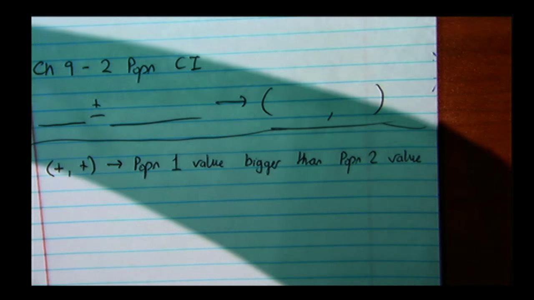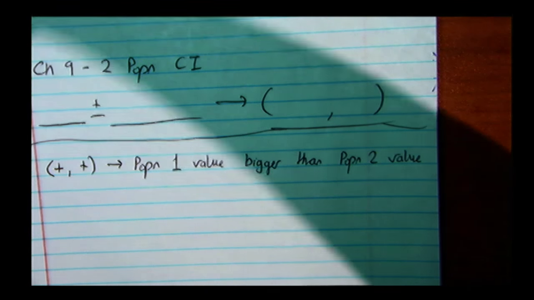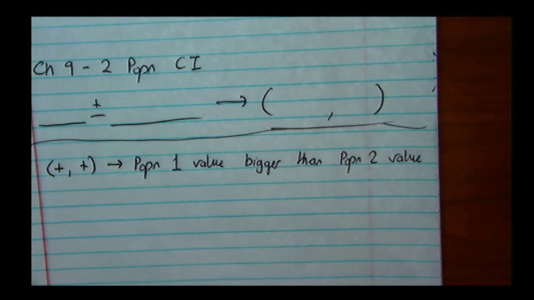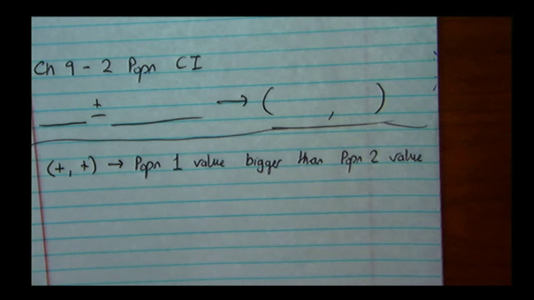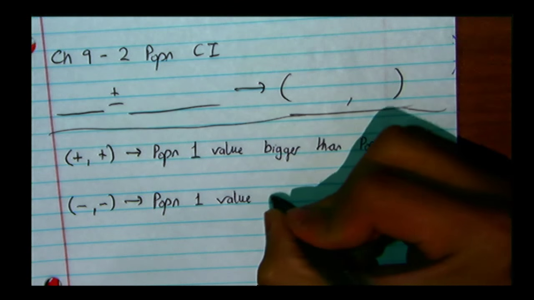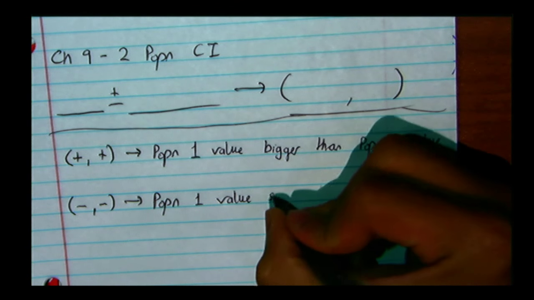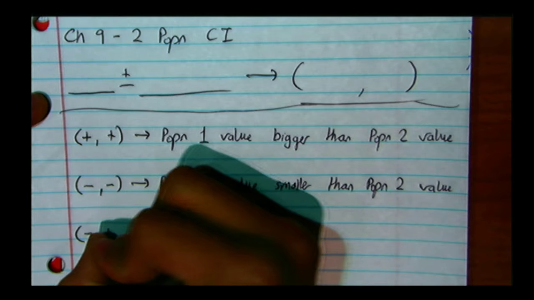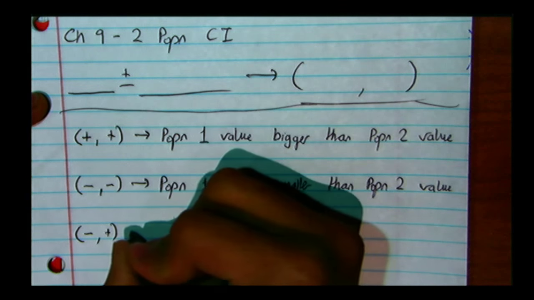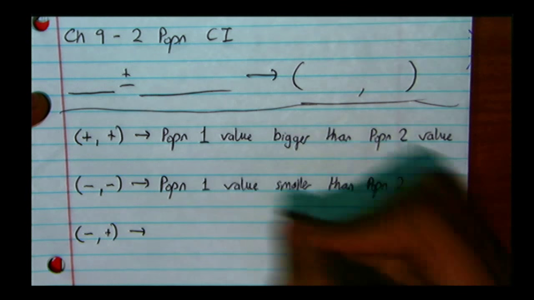You could get two negative numbers. That's telling me that whatever population 1 is, that means there is no significant difference.